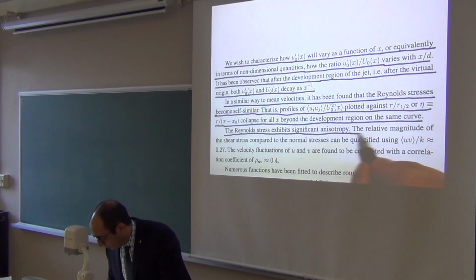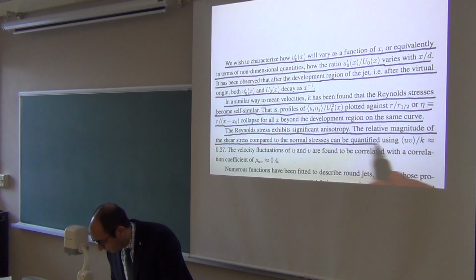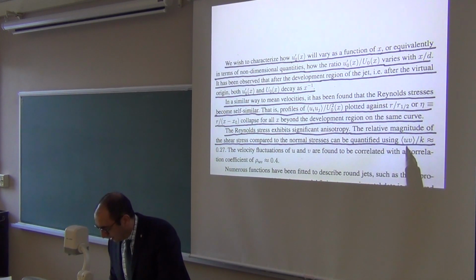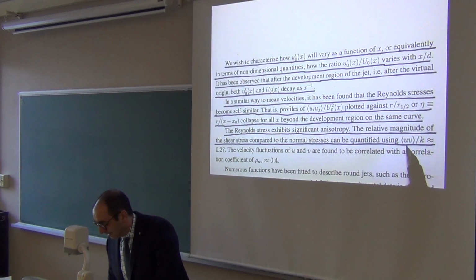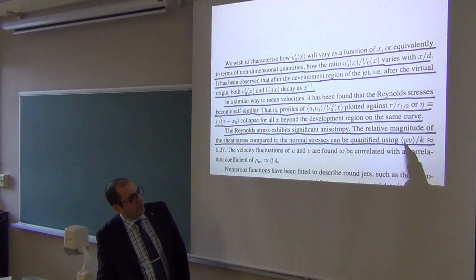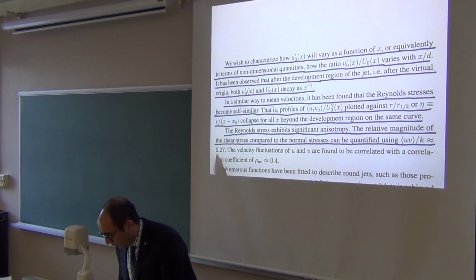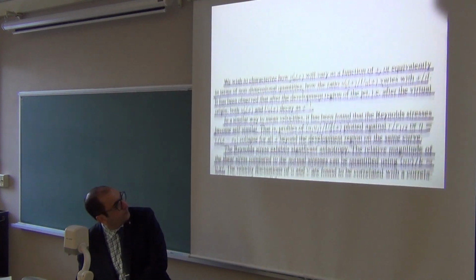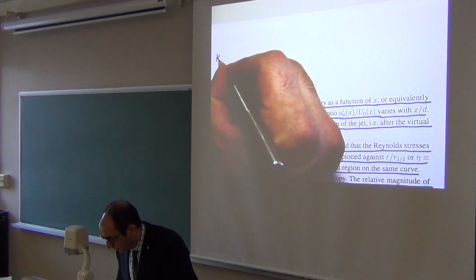The relative magnitude of the shear stress compared to the normal stresses can be quantified using this relationship. Basically, the cross correlation of axial and radial velocity divided by kinetic energy, for most jets it's about 0.27. I should remind you what kinetic energy was. So this is just a reminder.